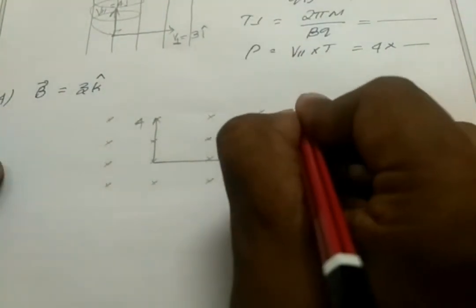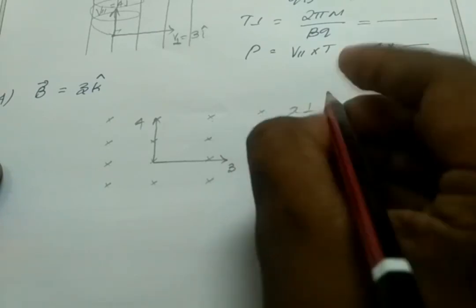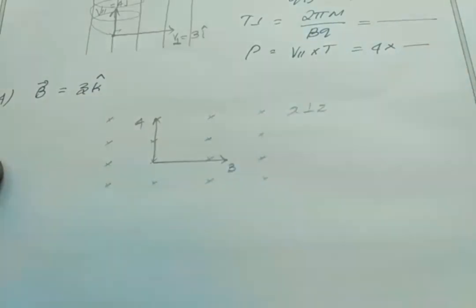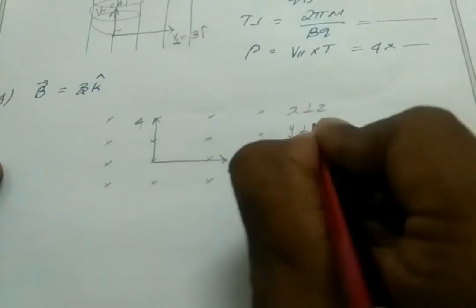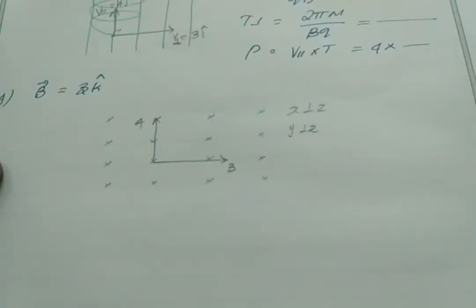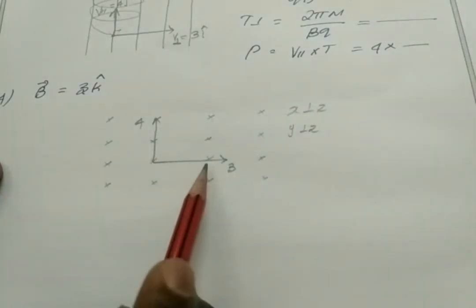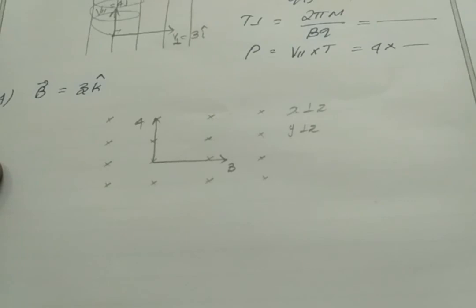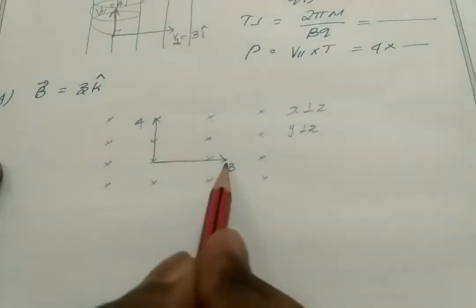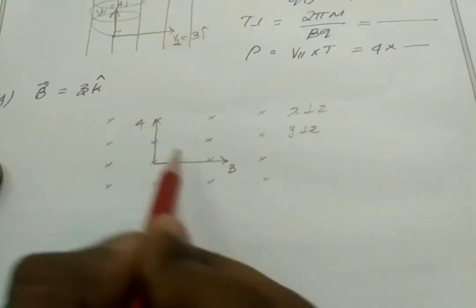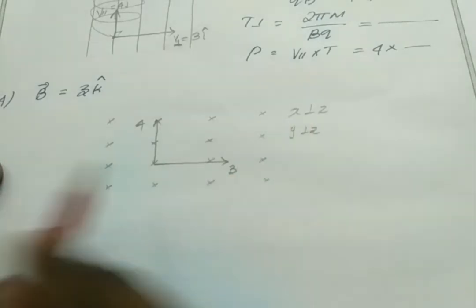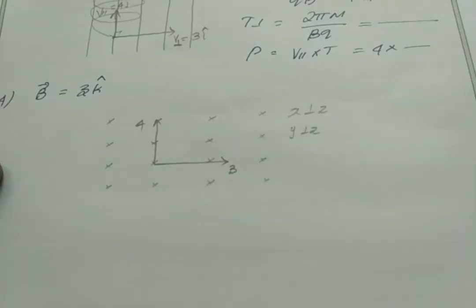Here the X axis is perpendicular to the Z axis, as well as the Y axis perpendicular to the Z axis. So whichever component you take, X or Y, both components are perpendicular to the magnetic field, which is in the Z direction.